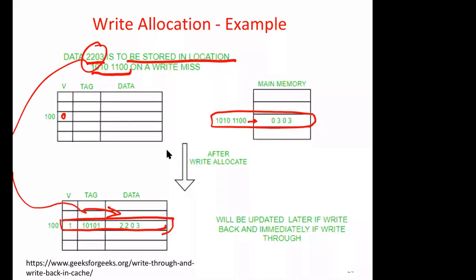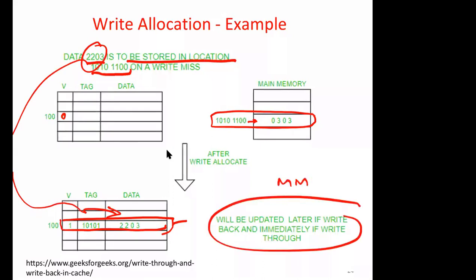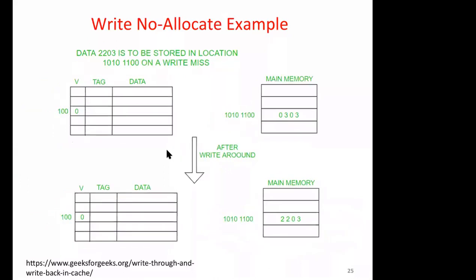Then later, when this block is evicted, this main memory block can be updated. All right, and this is the example of write allocate.